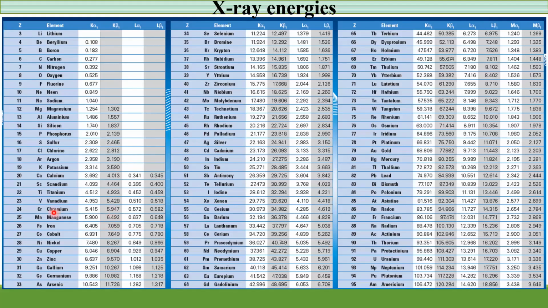For example, take chromium and manganese. The K beta line of chromium, that's 5.947, is also like the K alpha of manganese, 5.90. So when you have metal alloys, or any alloys with a composition of chromium and manganese, you have a peak there, but you don't know whether it is chromium or manganese.